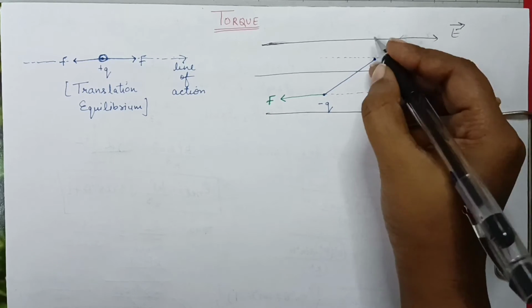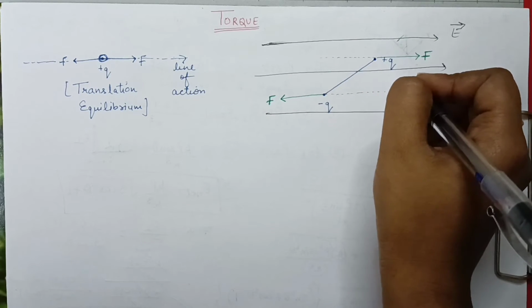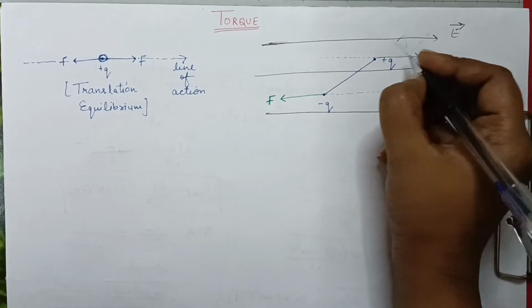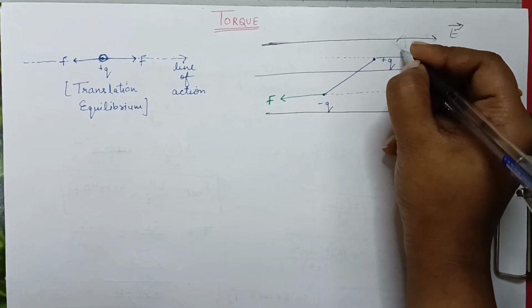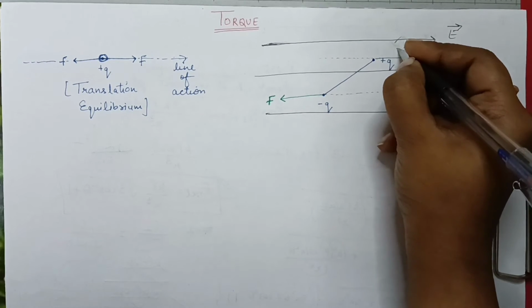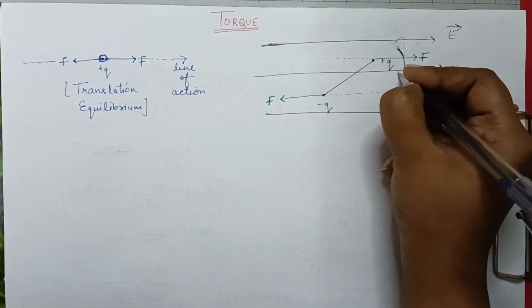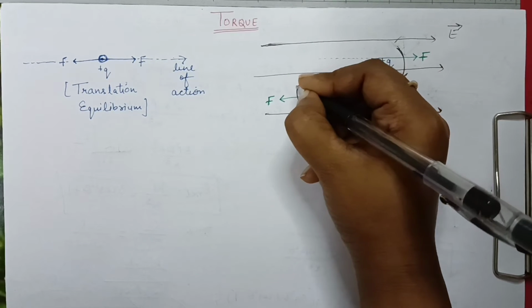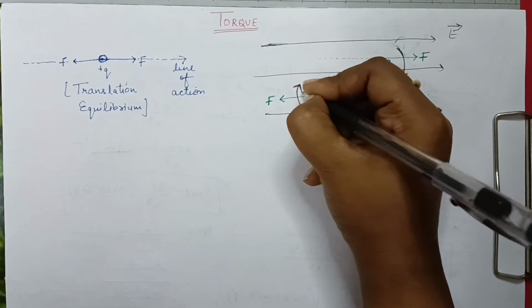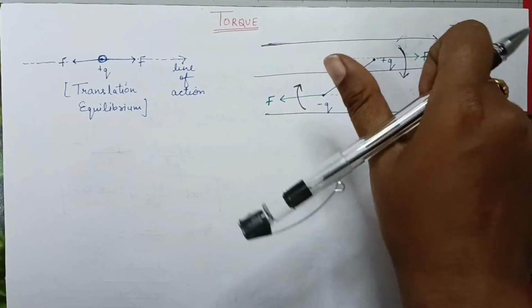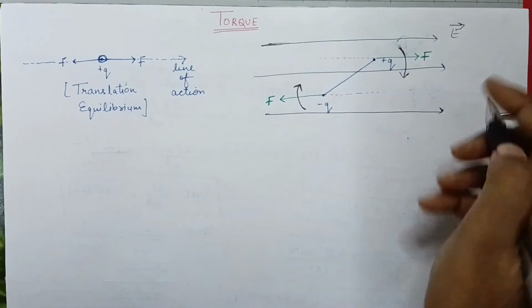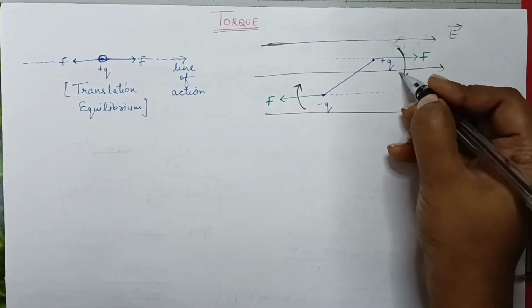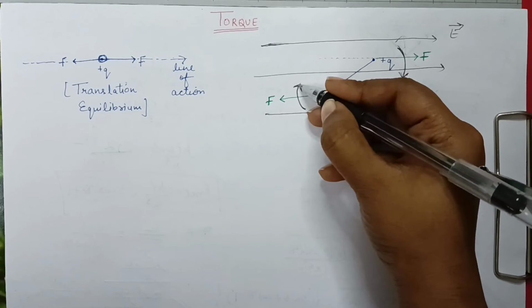It will rotate this dipole, which is called spinning, due to this force and due to this force. This dipole will start to spin like this, right? Due to this force it will move in this direction and due to this force it will move in the opposite direction.